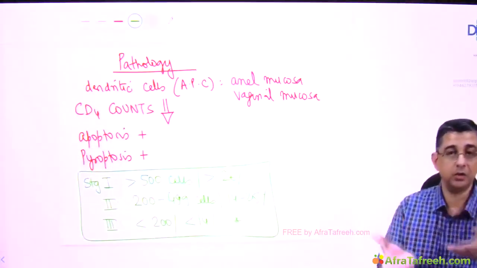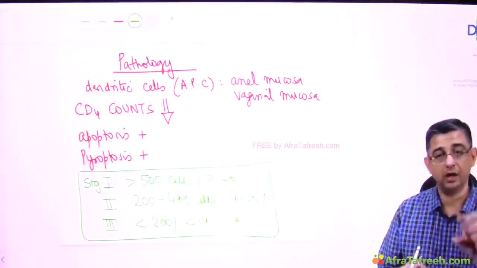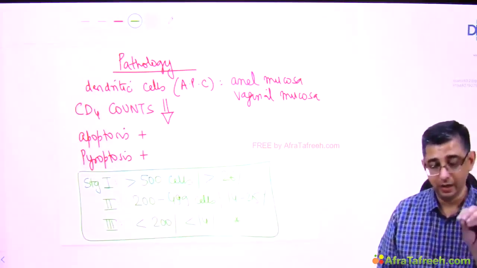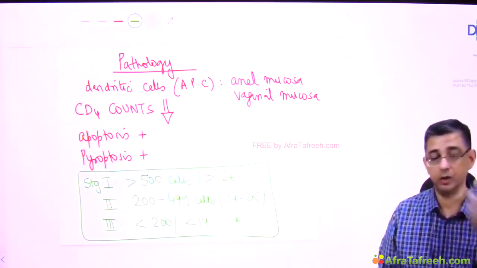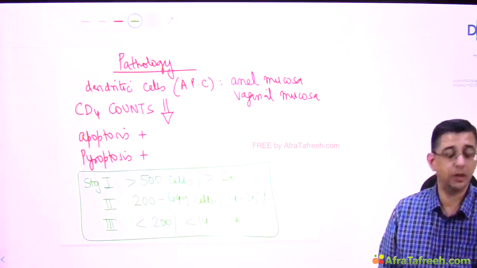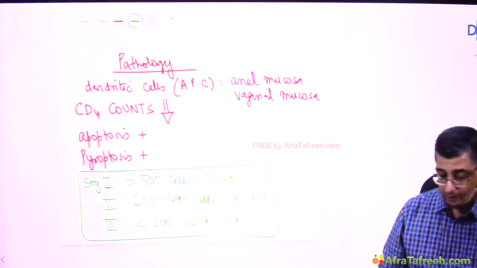So it's like a Trojan horse, I would say, like a science fiction movie, where something goes inside the hard drive or the computer system and then corrupts it from inside, and once the whole hard drive and the motherboard are corrupted, the whole system is totally malfunctioning in the body. That is what is happening here also.